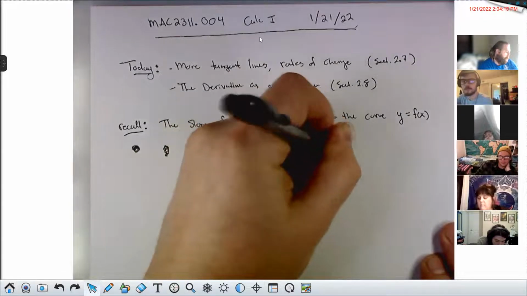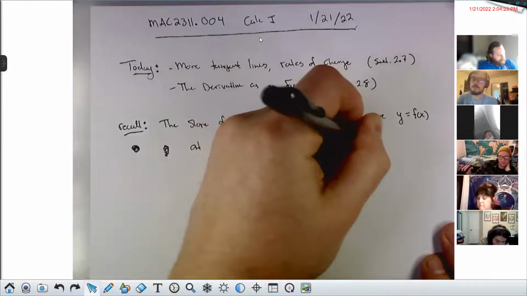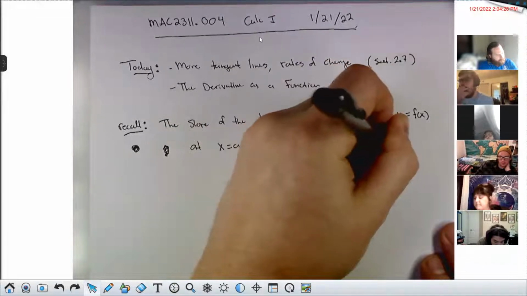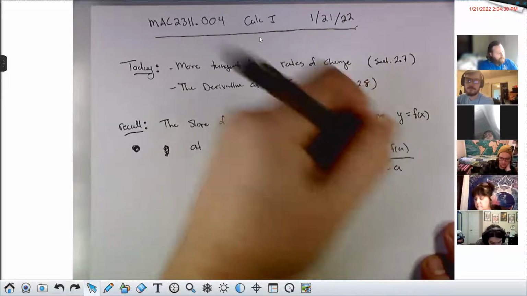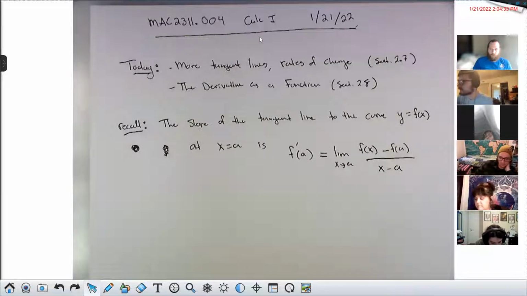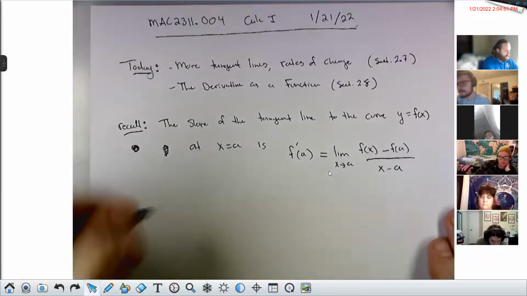And what we cooked up last time was that this should be the limit as x approaches a of the ratio f of x minus f of a divided by x minus a, right? And that ratio inside the limit we said was the slope of the secant line. So by taking the slope of the secant line to f of x from x to a and sending x to a, we brought those points close together, which yielded the slope of the tangent line.